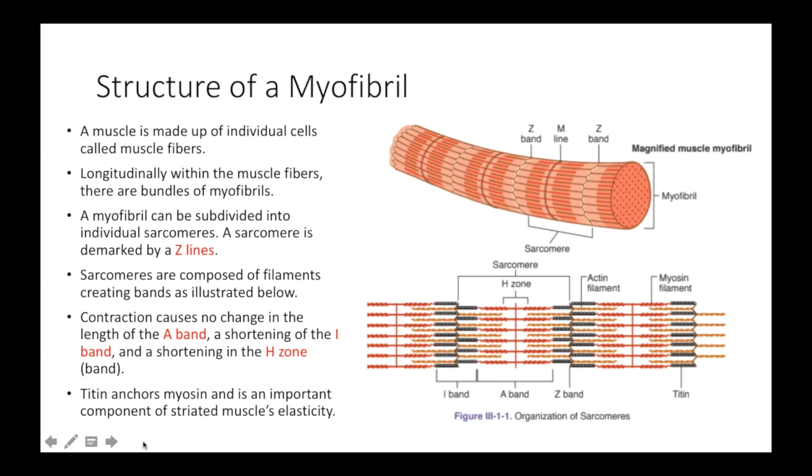So I'm going to break it down to basics here. We have a muscle made up of individual cells called muscle fibers, and within these fibers there are bundles of myofibrils, as we see here. And a myofibril can be subdivided into individual sarcomeres, which we see here.